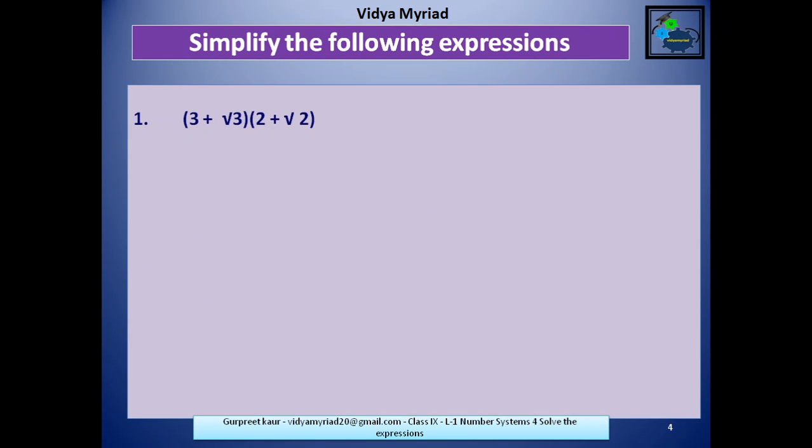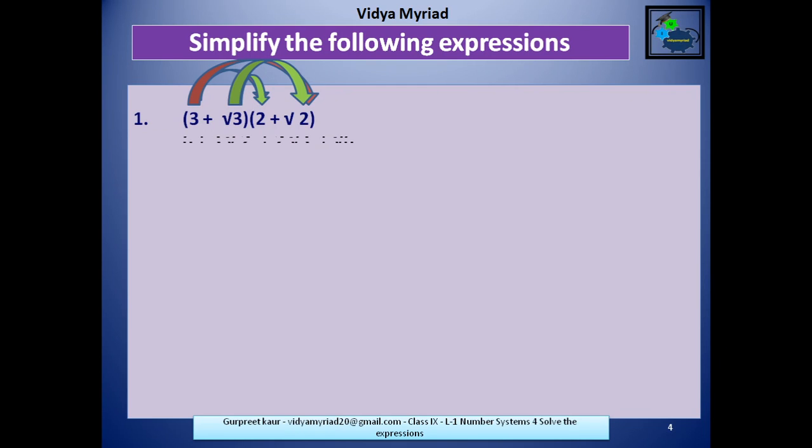Let us do another question. Now here 3 plus root 3 in bracket to be multiplied by 2 plus root 2. Now here I cannot use any identity. So what I will do is I will simply open the bracket. So 3 into 2, then 3 into root 2, then root 3 into 2, then root 3 into root 2.